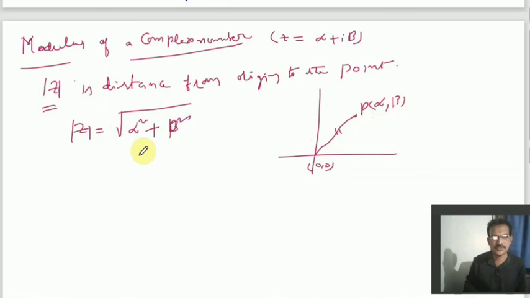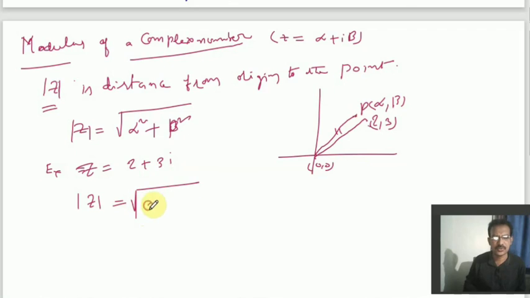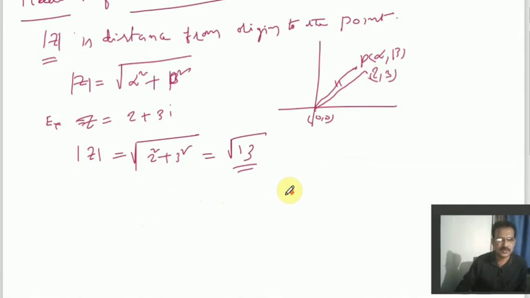For example, suppose z is equal to 2 plus 3i, then modulus of z is the distance from the origin to the point (2, 3) in the plane. The distance is root of 2 square plus 3 square, which is equal to root of 4 plus 9, that is root 13.